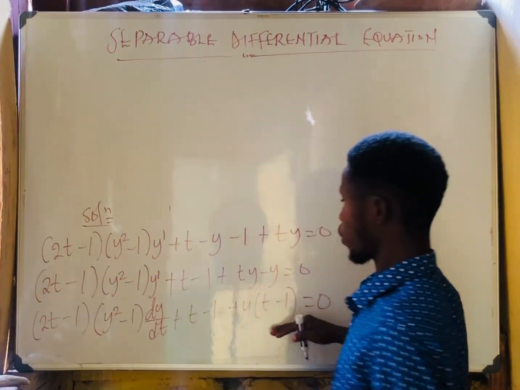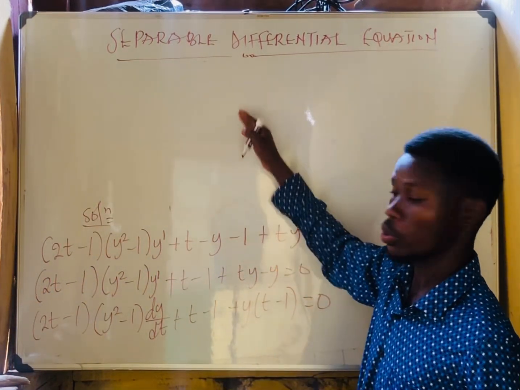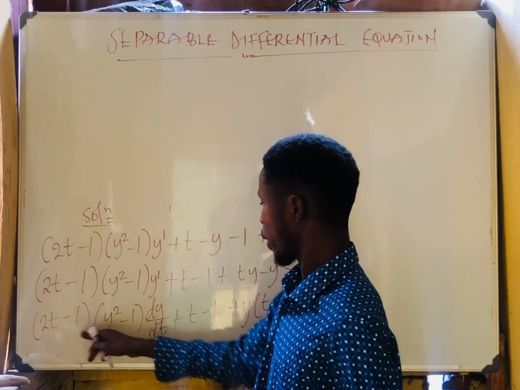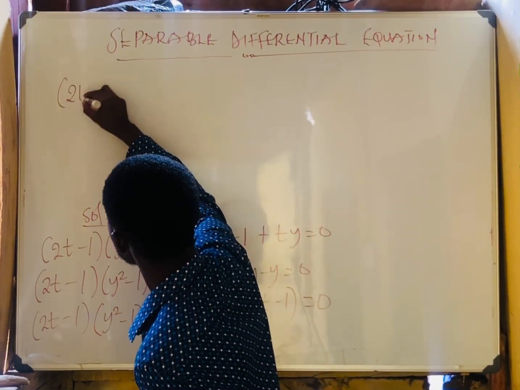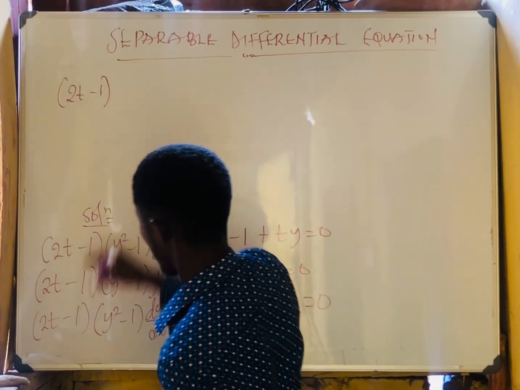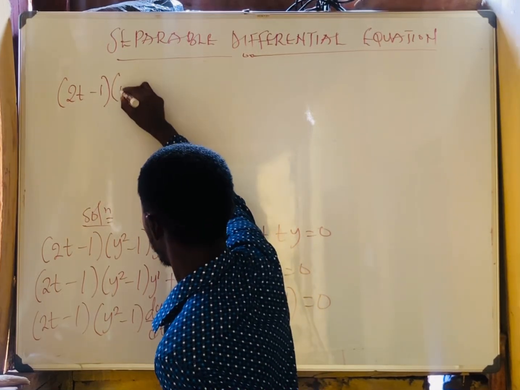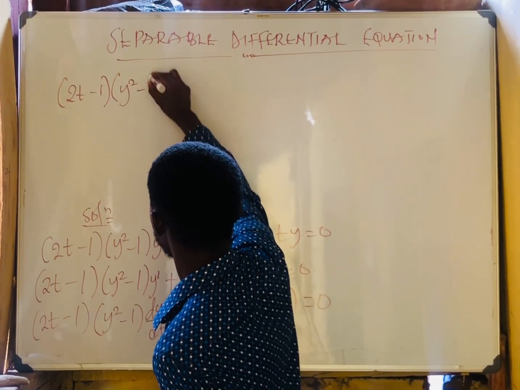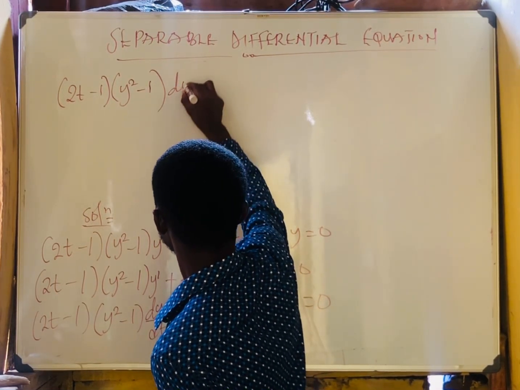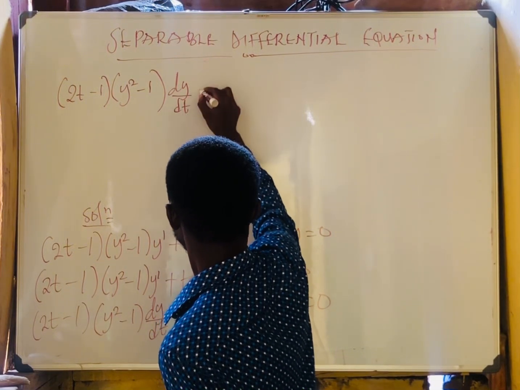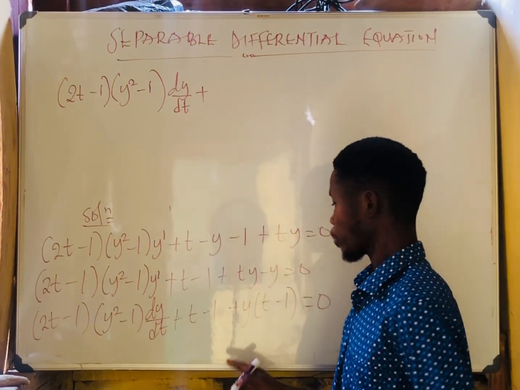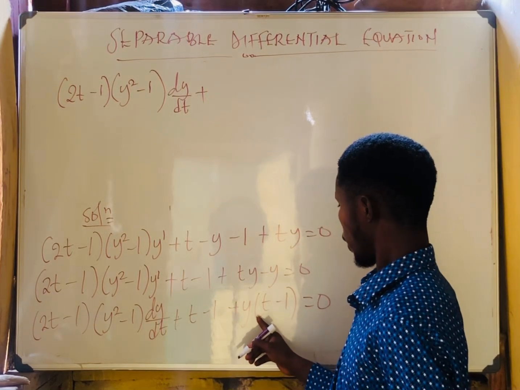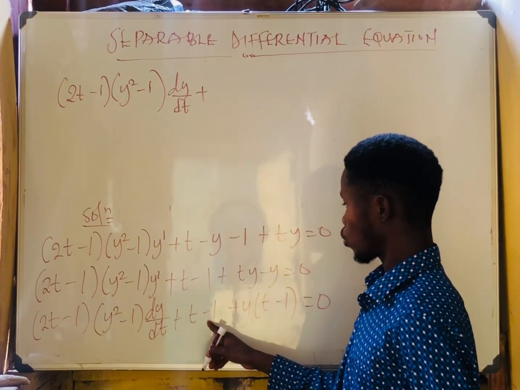So now I'm trying to transfer this one to the top. So you realize that 2t minus 1, that one I'll repeat it again. So I have 2t minus 1. Then we have y squared minus 1 dy dt plus, now this is t minus 1 and here too is t minus 1.